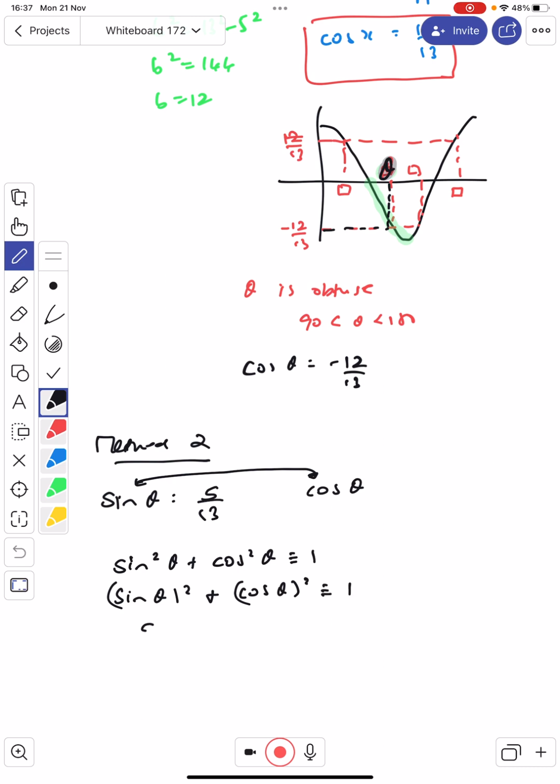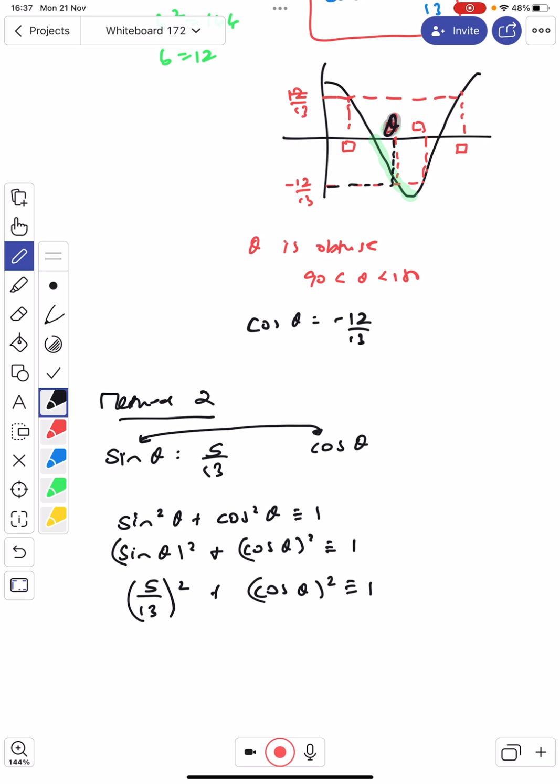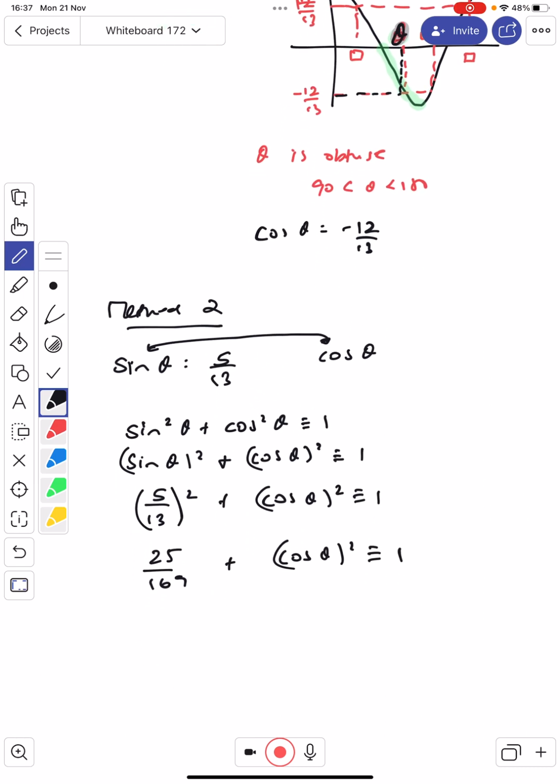So if I replace sine theta with 5/13, and then we can square the 5/13, so 25 over 169. And then we can rearrange this whole thing. So cos theta all squared is equal to 1 minus 25 over 169.